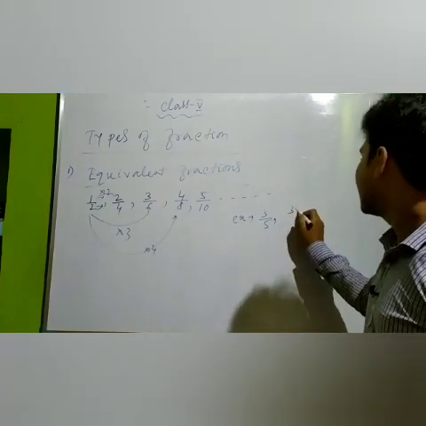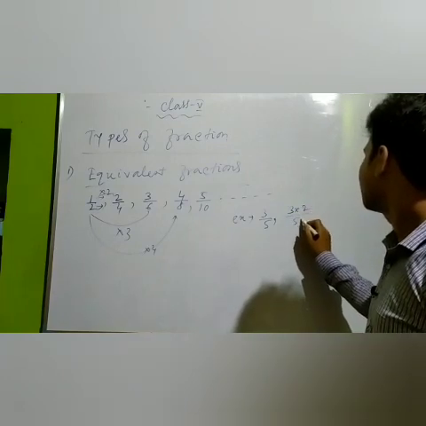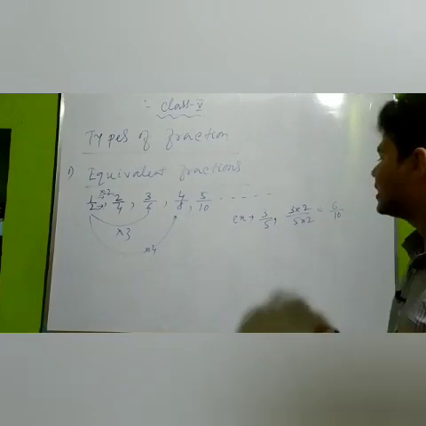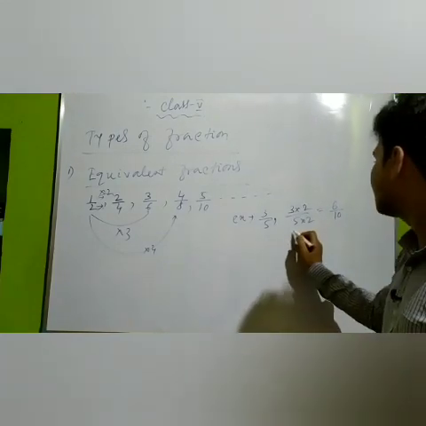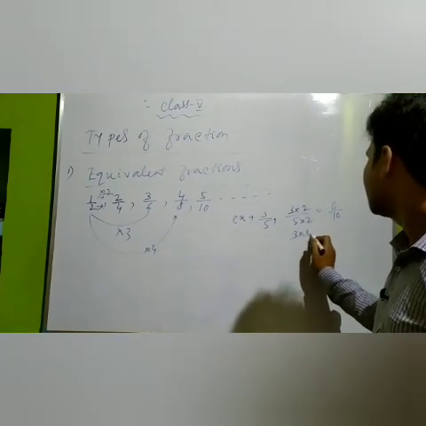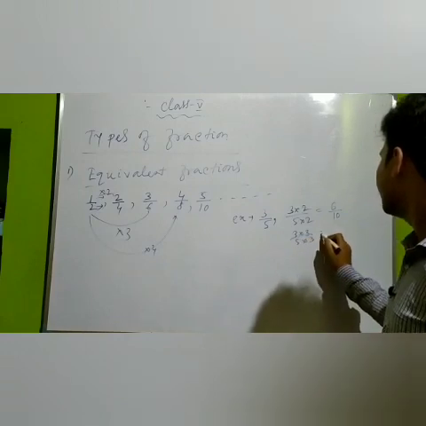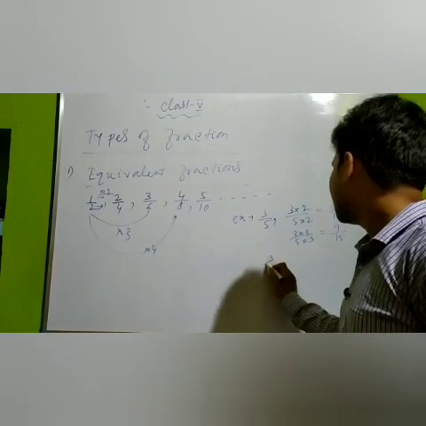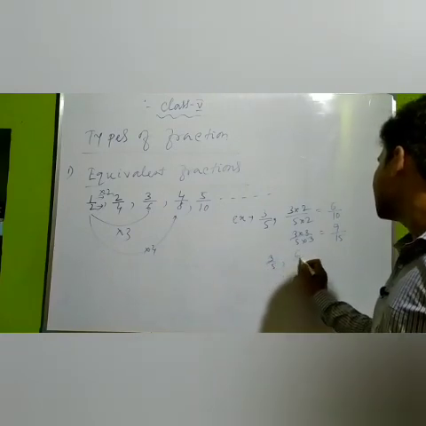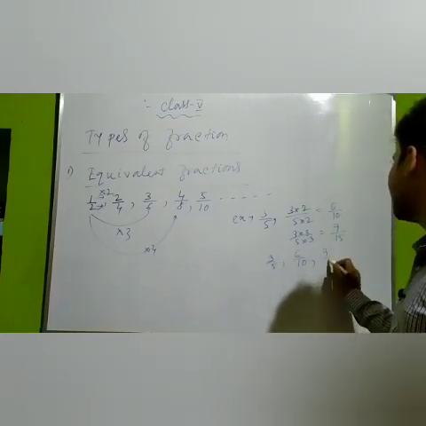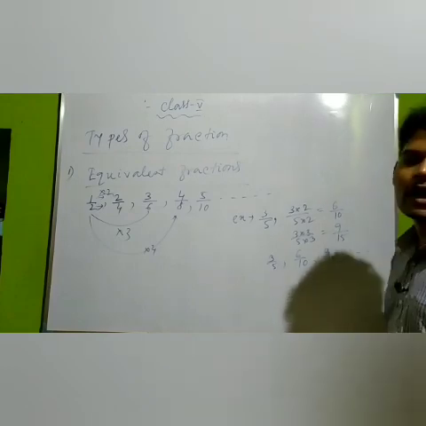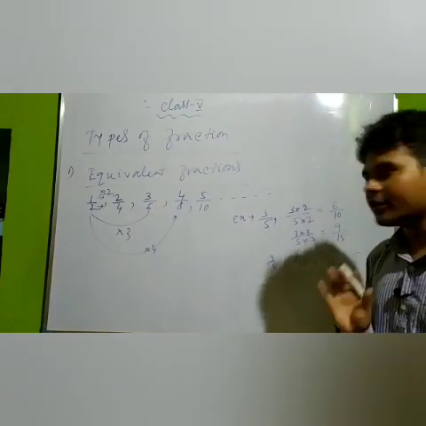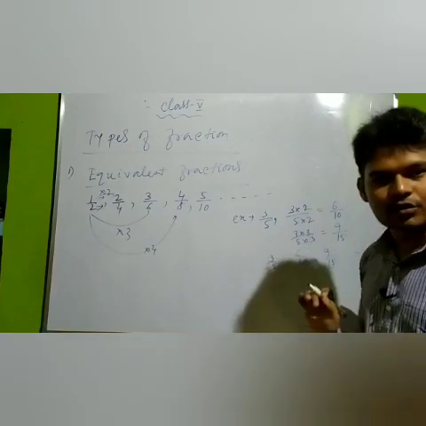If we multiply this by 2, we get 6 by 10. If we multiply this by 3, then we get 9 by 15. So 3 by 5, 6 by 10, 9 by 15 all are called the equivalent fractions. Okay, understood? I hope all of you understood about this.